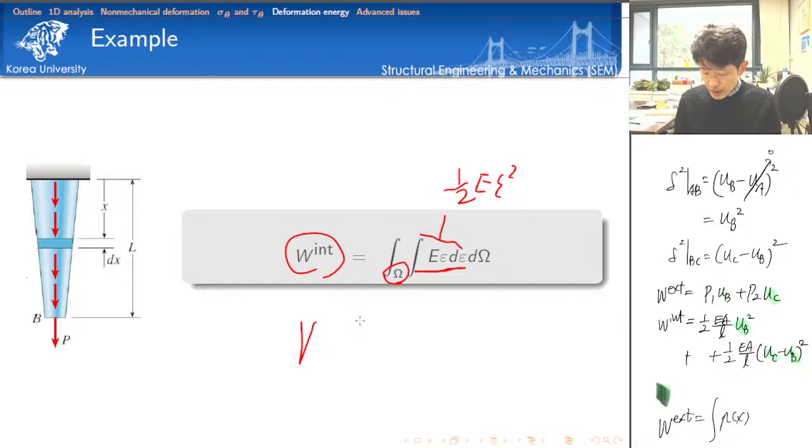Because we have to change it to force, we need to multiply by dx, and this is a vector, and then we have to consider the displacement u at that point, ux. So for the calculation of the integration, we need to move the displacement into here. This is the energy balance for such a problem.